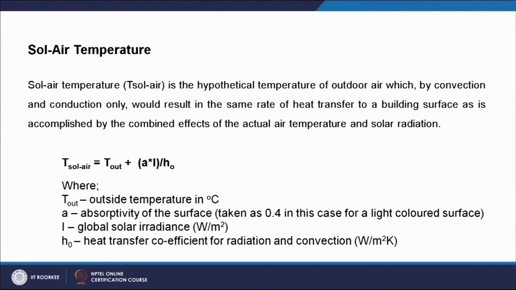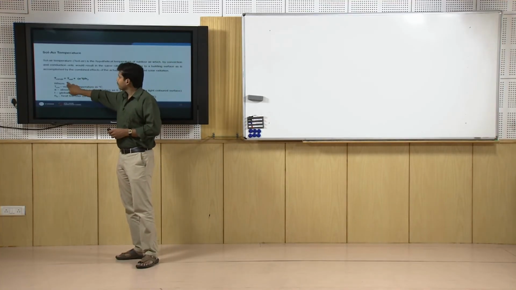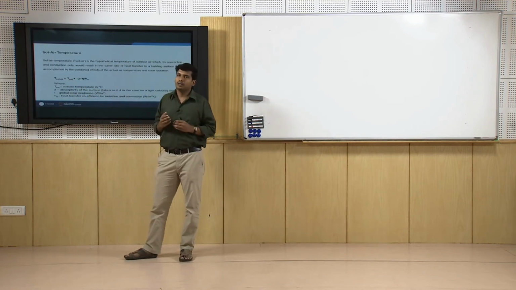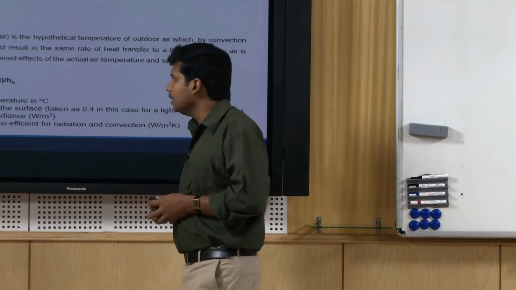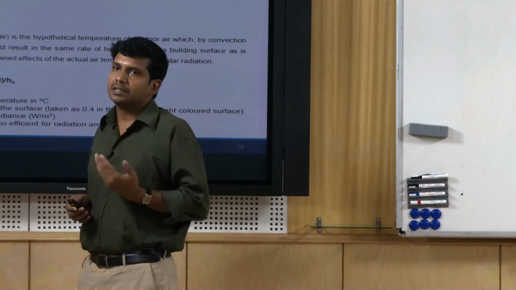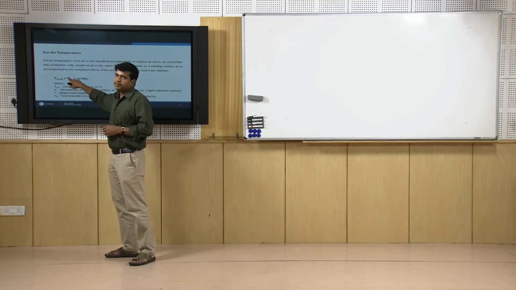The third part of this small factor is H naught, or the heat transfer coefficient for radiation and convection. This is equivalent to the film coefficient on the outside surface of the wall. So this particular factor is added to the outside air temperature. So sol-air temperature typically will be equal to or more than the ambient air temperature in tropical climates. What happens is, imagine if you take a western facade somewhere around 4 o'clock in the evening, there will be an ambient temperature.